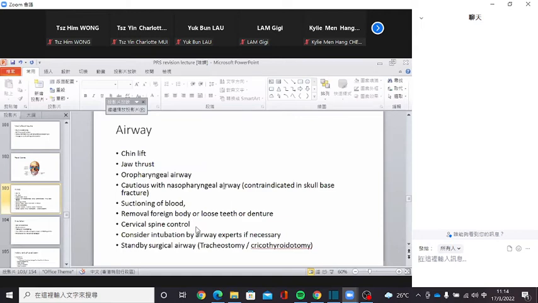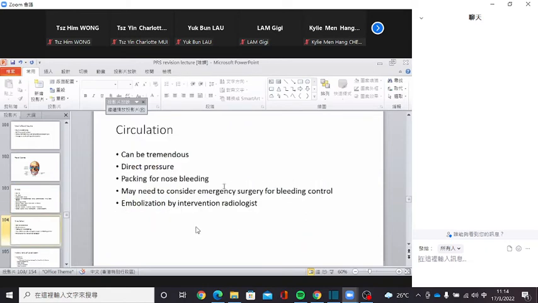So you might have to consider protecting the airway, and remove any foreign body, any dislodged teeth or bone fragment. Provide C-spine control because as high as 10 to 15% of patients with head injury will have C-spine injury as well. So intubation by an airway expert, and standby surgical airway in the form of tracheostomy or cricothyroidotomy.